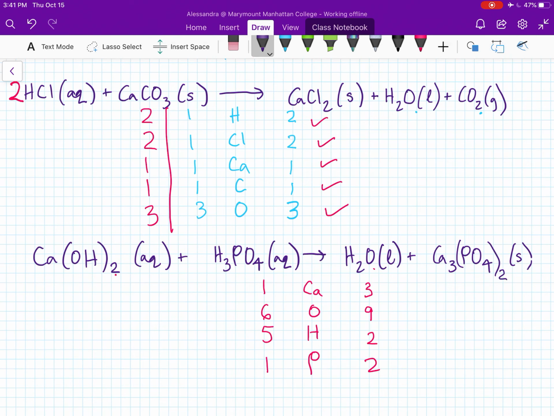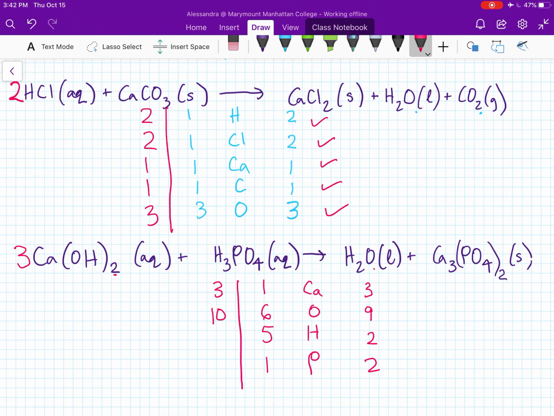I want to balance the calciums by putting a 3. So if I put a big 3 over here, let me do that in a different color so you can see it. Here's my big stoichiometric coefficient. That gives me 3 calciums. 2 times 3 is 6 oxygens plus 4. 6 plus 4 is 10 oxygens.